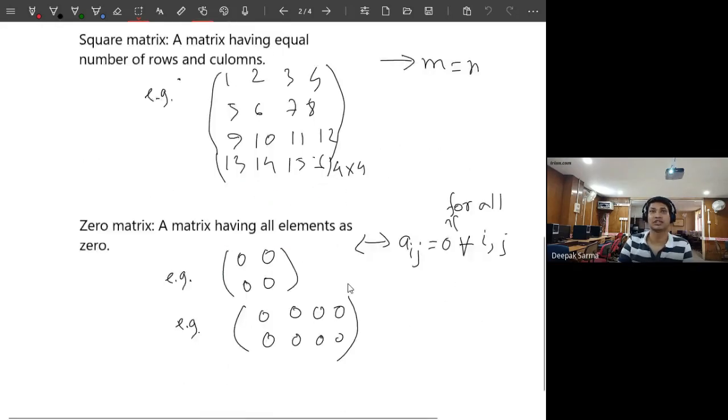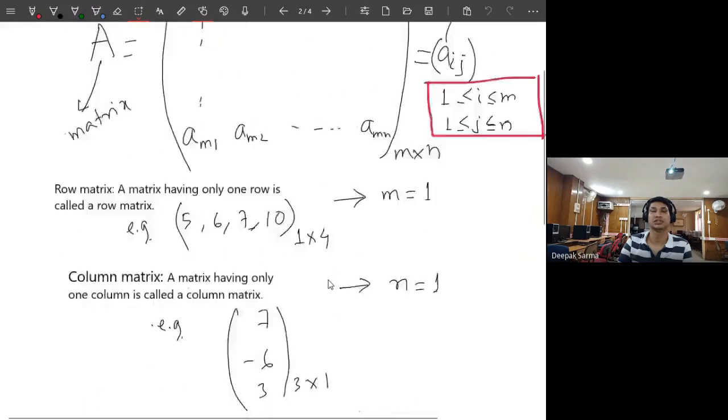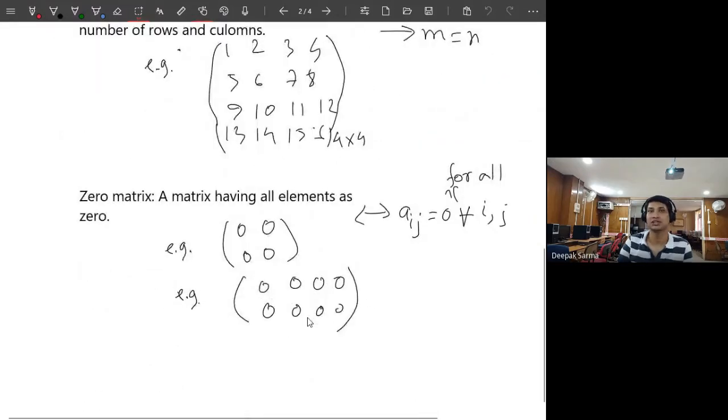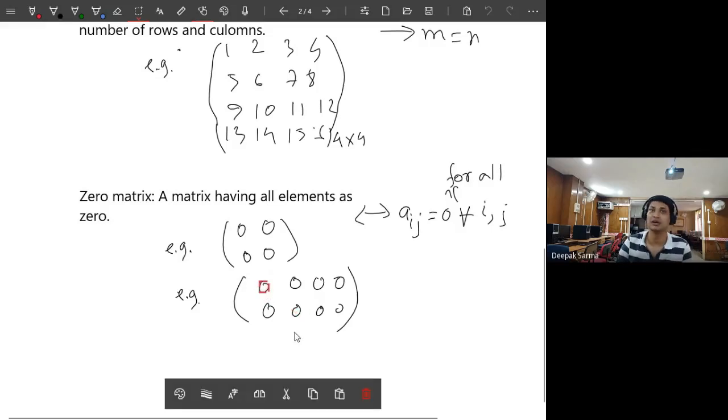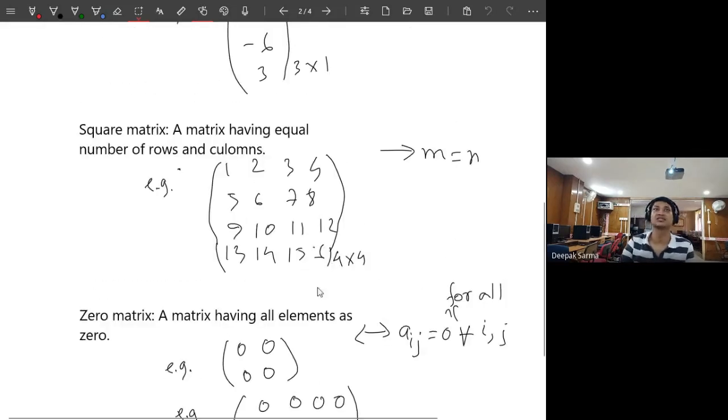But in case of other matrices, suppose in a random matrix, we cannot directly talk about diagonal. Only in case of a square matrix does diagonal make sense. And this one is another diagonal, 4, 7, 10, 13.